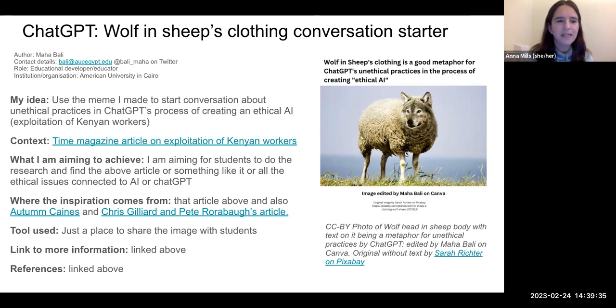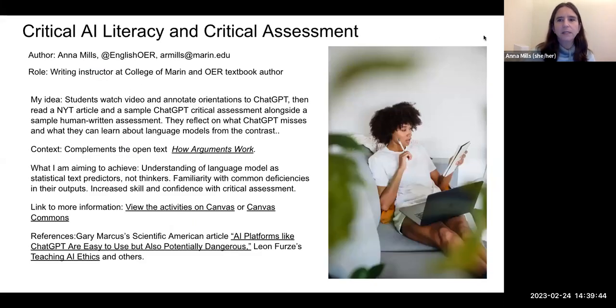So she created a meme and sort of a lesson around that that she shared. That's just one example of a slide from that collection. It inspired me to create something.